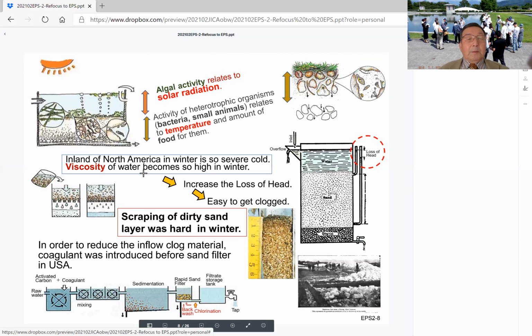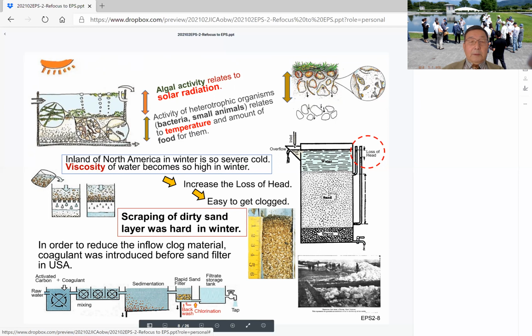In an open slow sand filter, many algae grow, related to the solar radiation in summertime. But beneath the sand surface, there is no sunshine. In that case, there is the activity of heterotrophic organisms, that is bacteria and small animals, related to temperature and the amount of food for them.